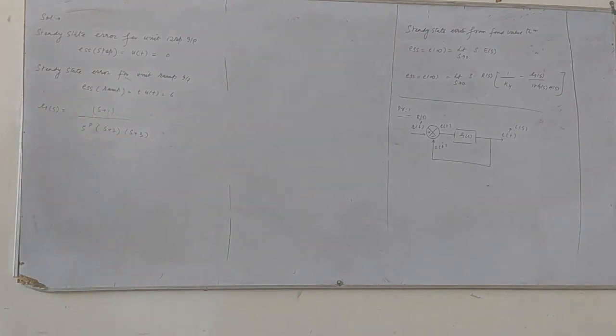Before solving this question, let's have a look. See, he has purposely given two inputs. Why? Because we have to find the value of p. Now, what is the steady state error for the unit step? Everybody knows ESS is 1 by 1 plus Kp, where Kp is limit s tends to 0, G of s.